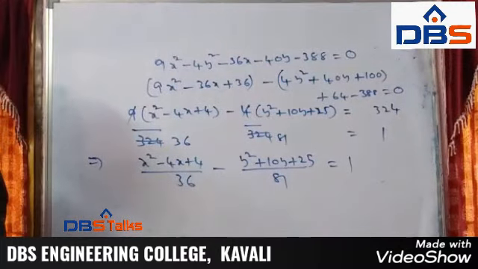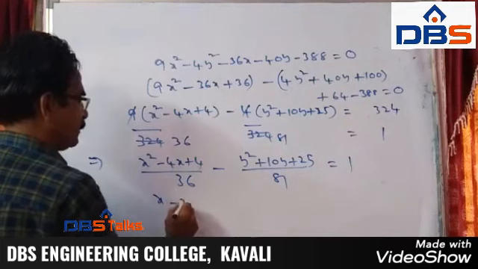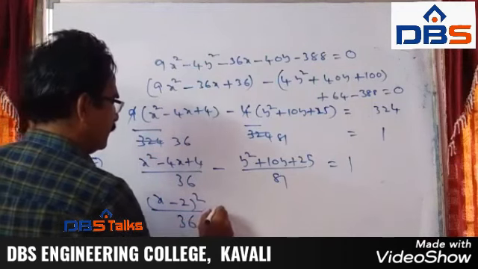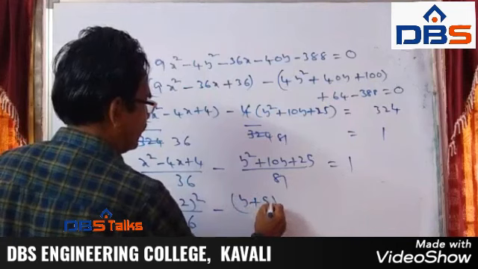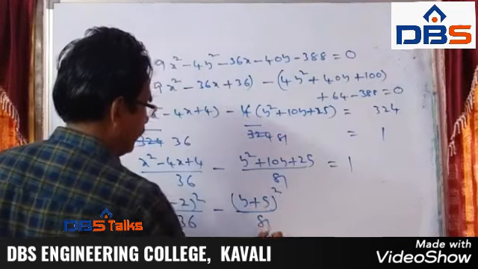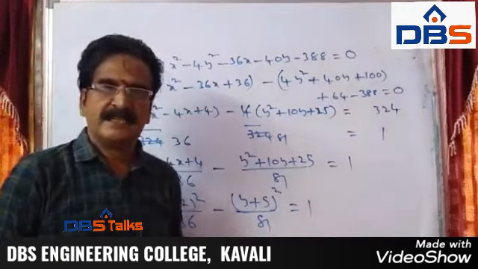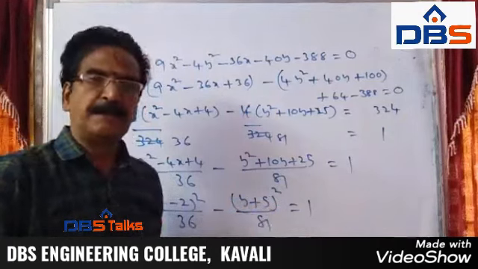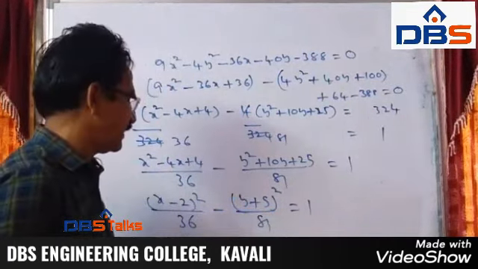This is x minus 2 whole square by 36 minus y plus 5 whole square by 81 is equal to 1. So this is the standard form of our hyperbola equation whose center is h comma k.